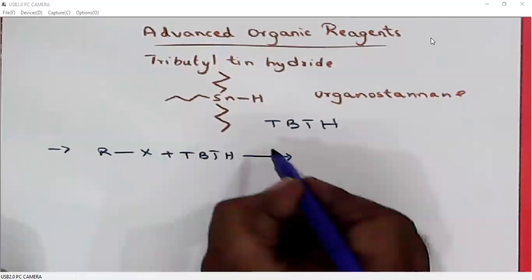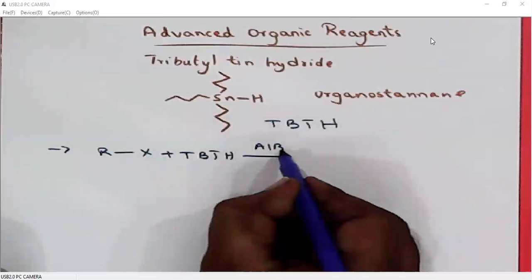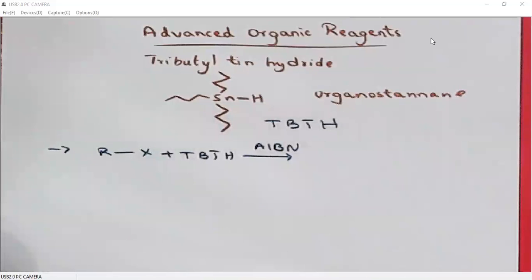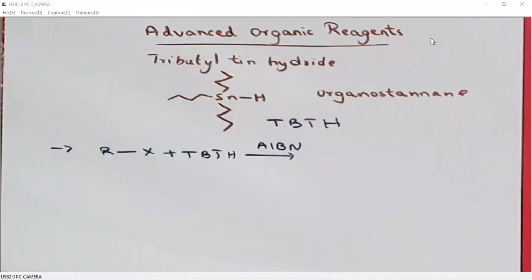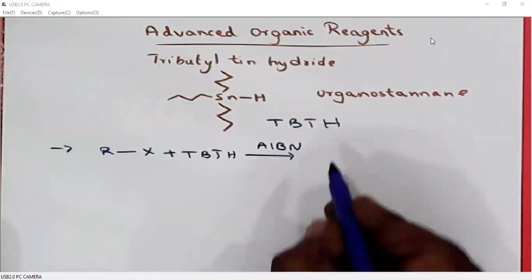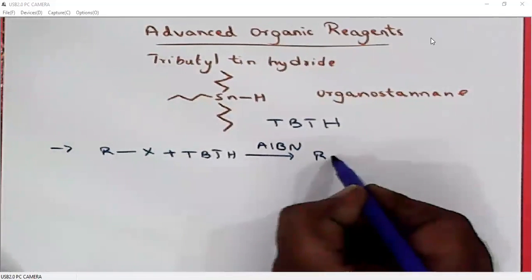TBTH in presence of a radical initiator. TBTH on its own cannot react. In presence of a radical initiator, the halogen can be reduced.